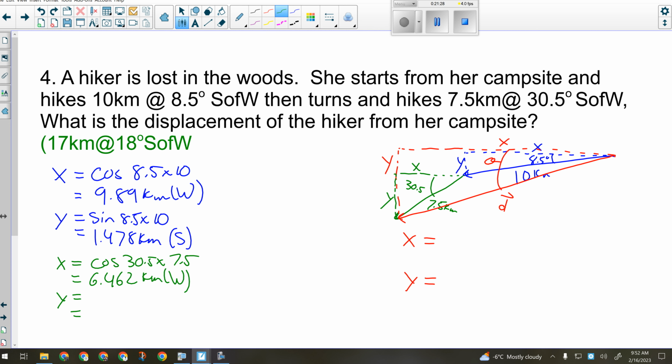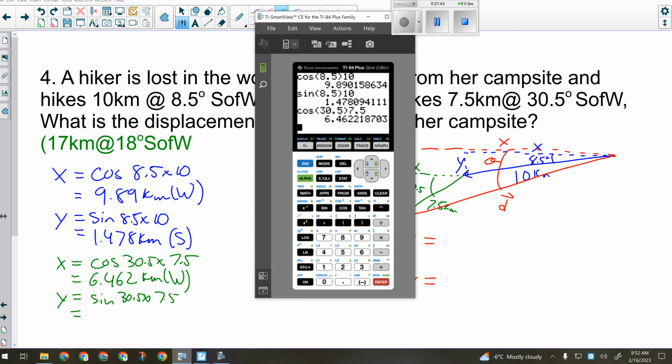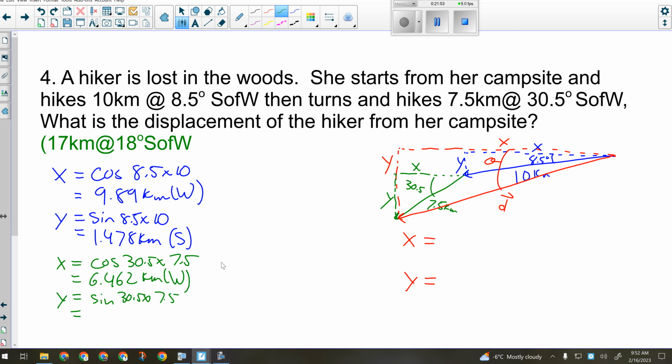Okay, and I always write in those directions so that I kind of know which one's got to be positive and which one's got to be negative. And then the last one, sine of 30.5 times 7.5. And it gives me that other side, so 3.807 kilometers south.